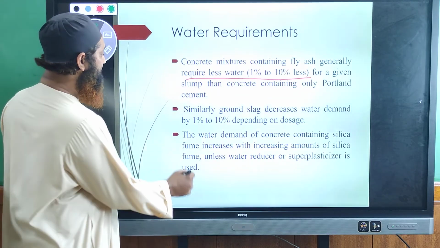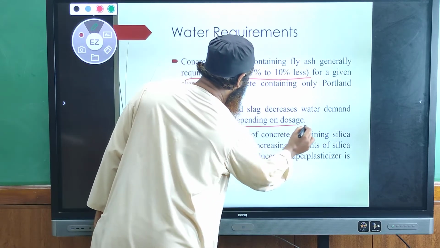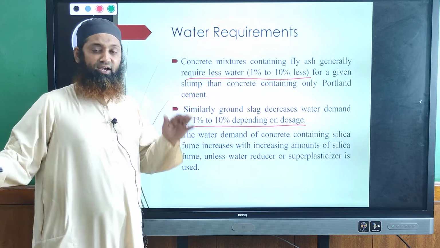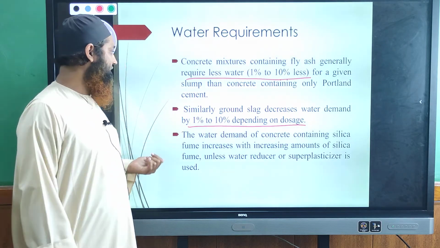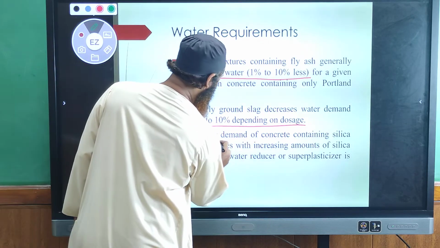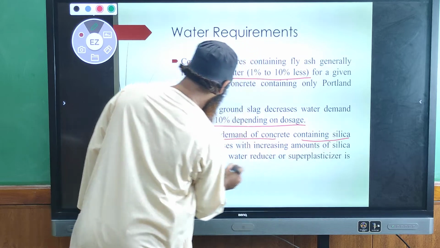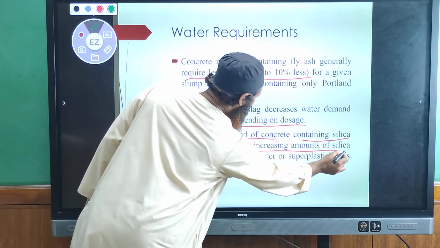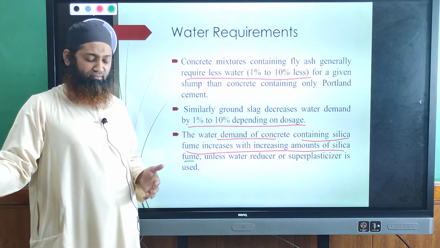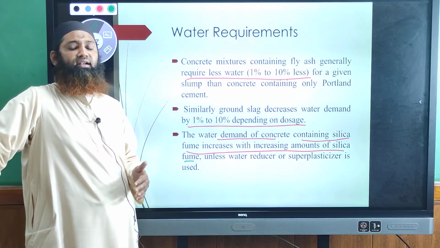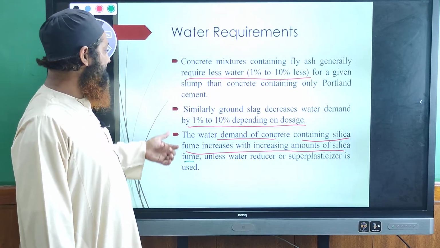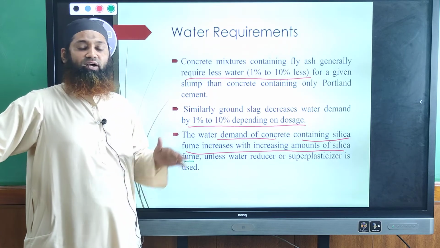Similarly, ground slag decreases water demand by 1 to 10% depending upon dosage. Even this has been very helpful in reducing the water content. The water demand of concrete containing silica fume increases with increasing amounts of silica fume. As we increase the silica fume in concrete, the water content increases, whereas with fly ash and slag the water content decreases by 1 to 10%.